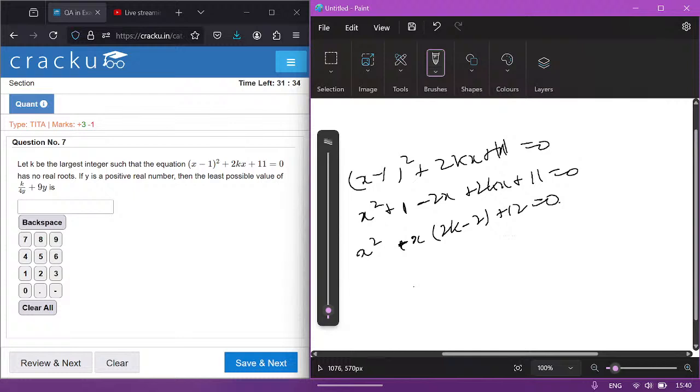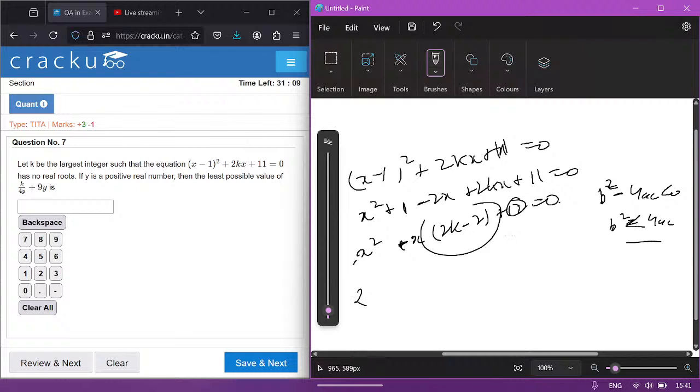Now b square minus 4ac. What have we been asked? No real roots, right? So for no real roots, D should be less than 0. So b square will be less than 4ac. So what is our b? b is this and c is this, a is 1.